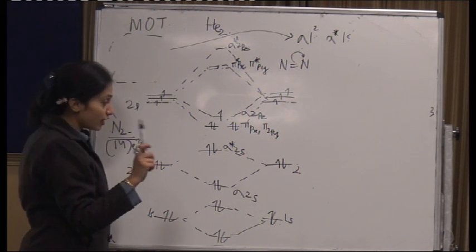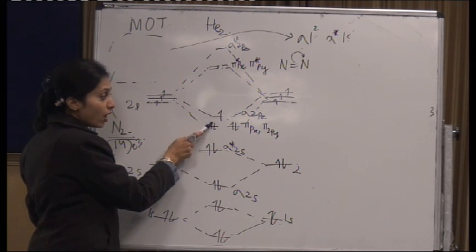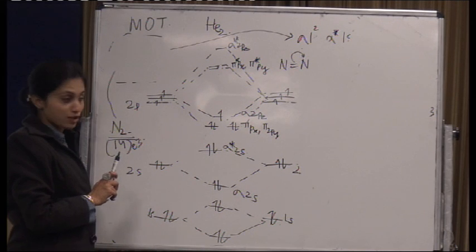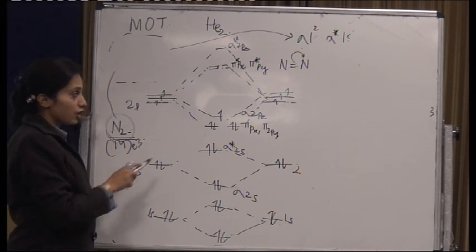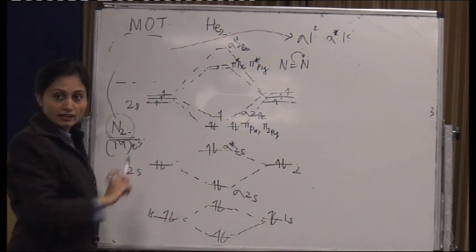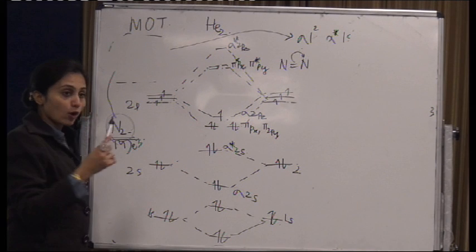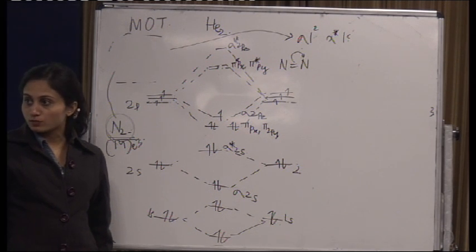Now, coming to one of the major points as to what decides whether this sigma is going to remain up and this pi is going to remain low. Look up onto the board, this is an important explanation. Till your nitrogen, your sigma lies above pi. Okay? Why? Because basically orbitals of similar types interact with one another. This is like a law of nature. Similar types of things interact with one another.